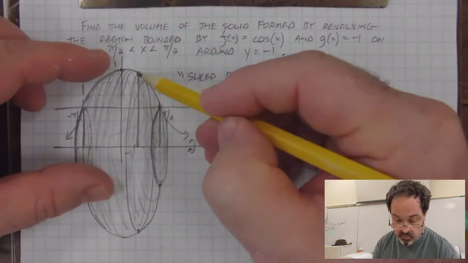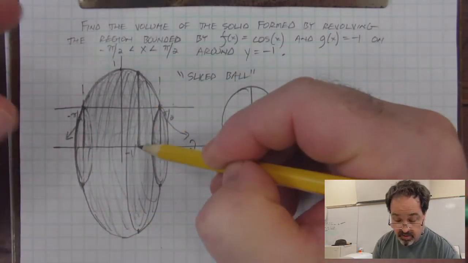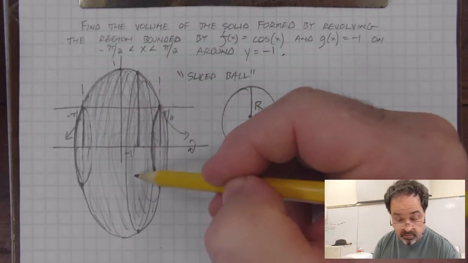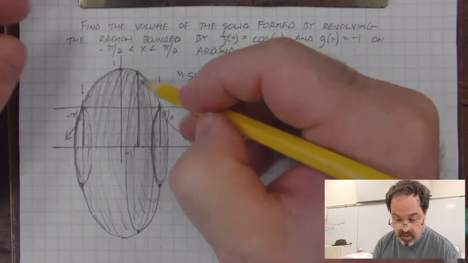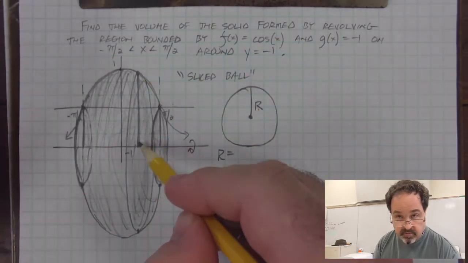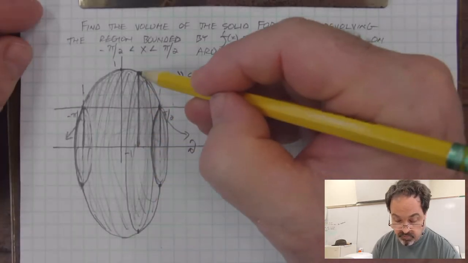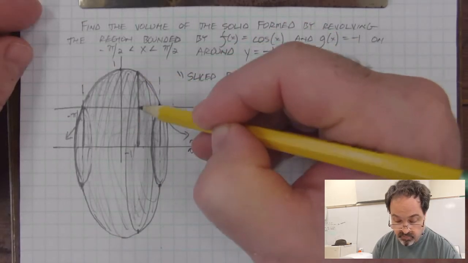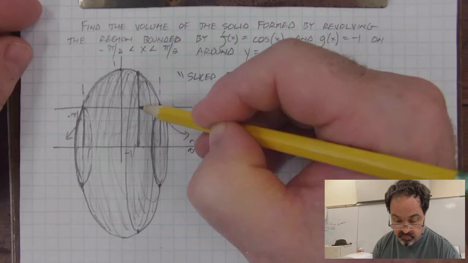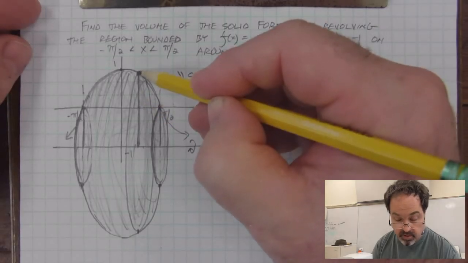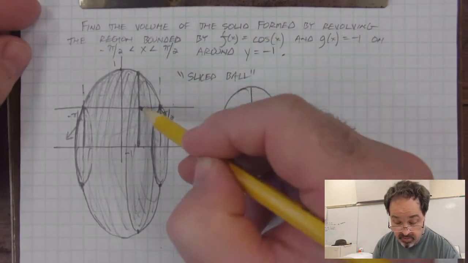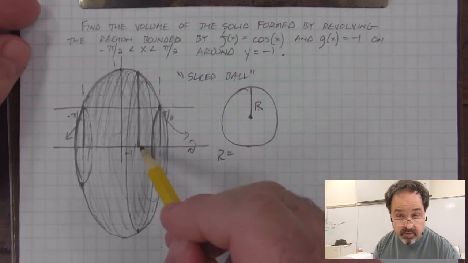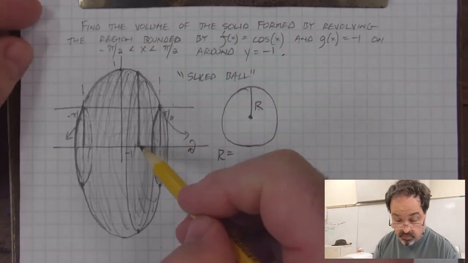Let's go back to the representative line that was the radius that created the disk when it revolved. The length of this line is the sum of the function value that comes from cosine, but that's only the distance from the horizontal axis to the cosine function. I then also add 1, the space between the horizontal axis and the line that I'm revolving around.